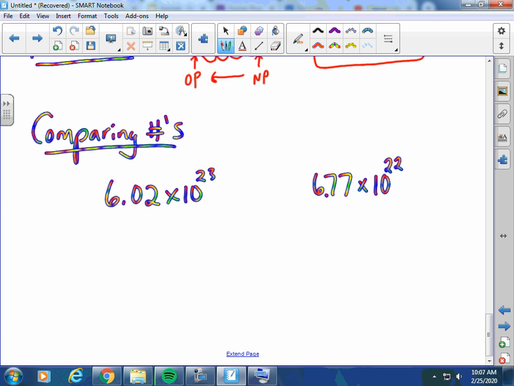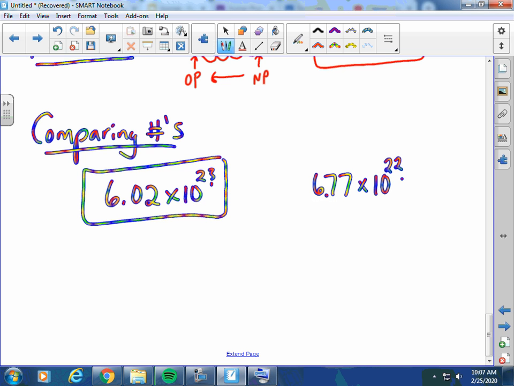So I could give you guys this on a quiz and say, circle the number that's bigger. All you have to do is look at the exponent. Which exponent is higher? So compare this number and this number. That's 23. This is 22. This is a higher value.